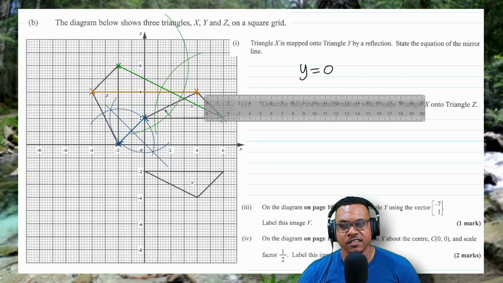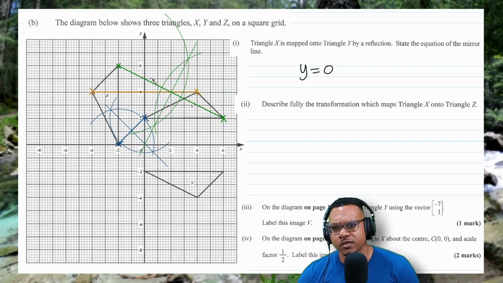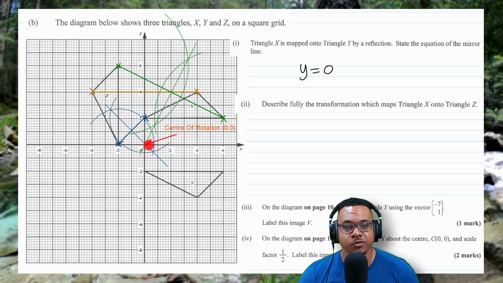Now I'll draw a line connecting the 2 points where the arcs intersect, straight down to intersect the line in blue. So here I have my perpendicular bisector of this line in green, and I draw it straight down to intersect the perpendicular bisector of the line in blue. Both of these lines intersect at the origin 0, 0. So this would be my center of rotation. I'll highlight with an arrow that here's the center of rotation, 0, 0, the origin.